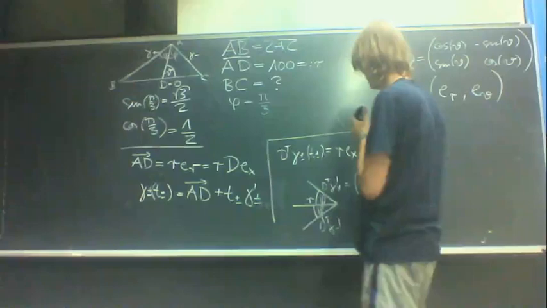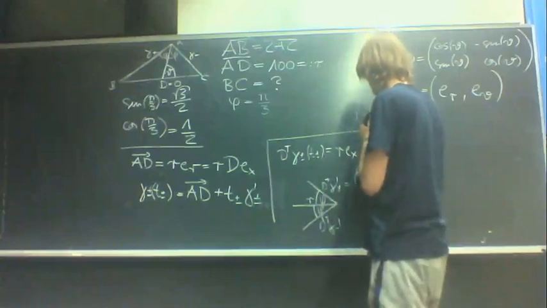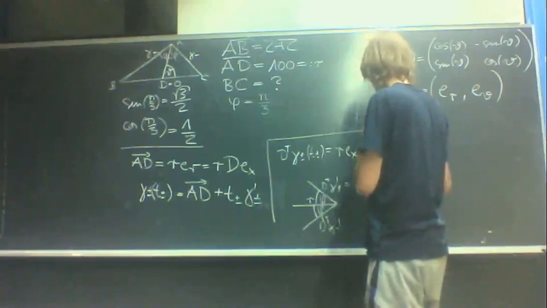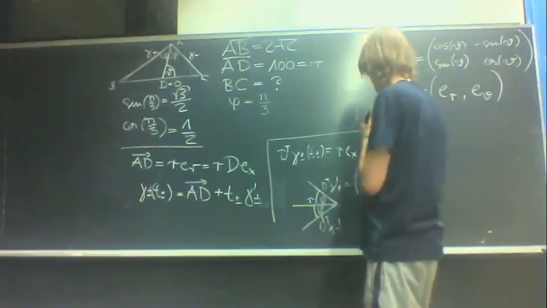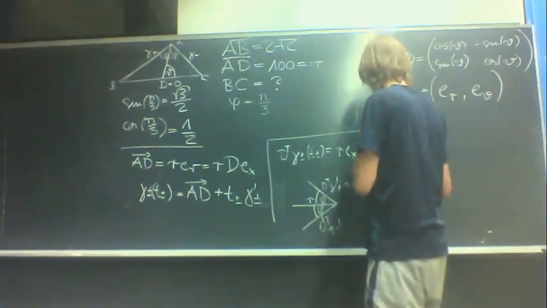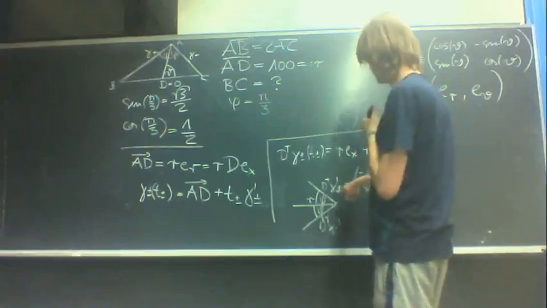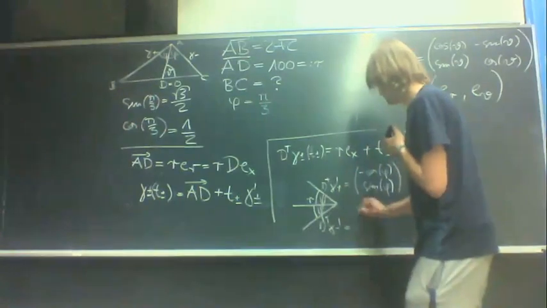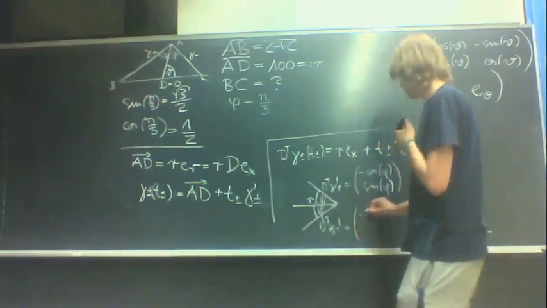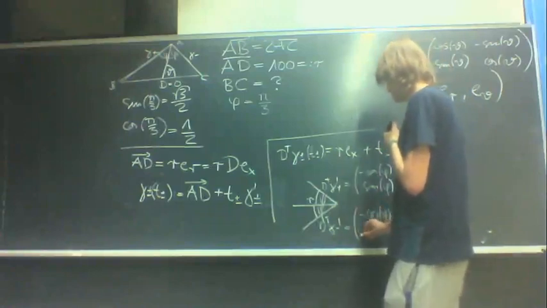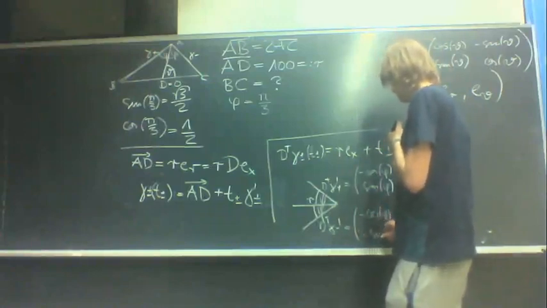So we have minus cosine of phi and plus sine of phi for gamma plus, and for gamma minus we have minus cosine of phi and minus sine of phi.